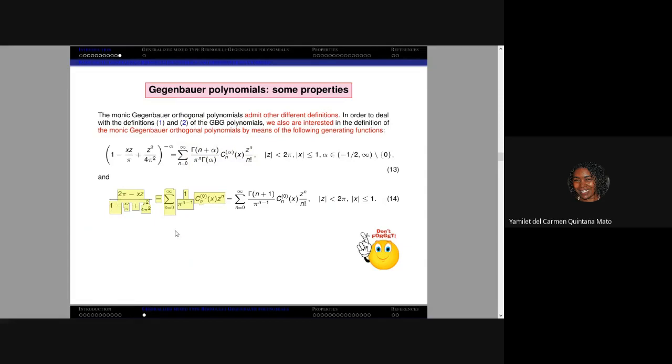Okay. Now, this representation is important because we are interested in multiplying the generating function associated with this polynomial times the generating function associated with generalized Bernoulli polynomials.